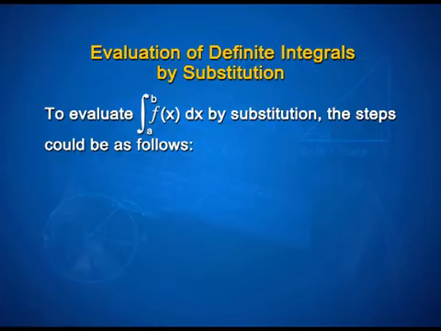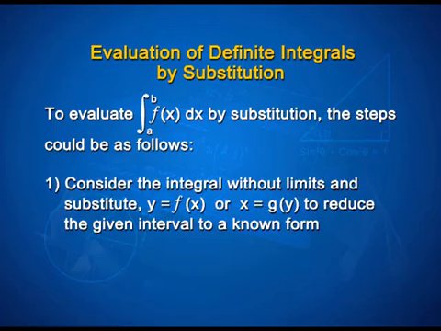Now, let us discuss evaluation of a definite integral by substitution. To evaluate integral a to b f(x) dx by substitution, the steps could be as follows. First step, consider the integral without limits and substitute y equal to f(x) or x equal to g(y) to reduce the given integral to a known form.